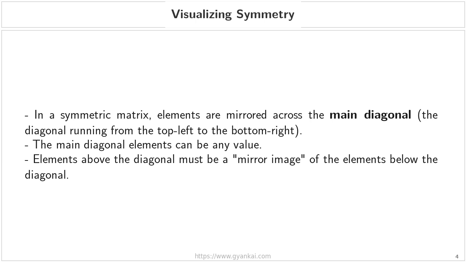The key requirement is that the elements located above the diagonal must be a perfect mirror image of the elements located below it. If you imagine folding the matrix along that main diagonal, the corresponding numbers on either side should overlap exactly. Now that we have established the mathematical condition for symmetry, let us move on to how we can visualize this property within the matrix. Understanding this visual pattern will make it much easier for us to follow the step-by-step identification guide that we will cover in the next slide.